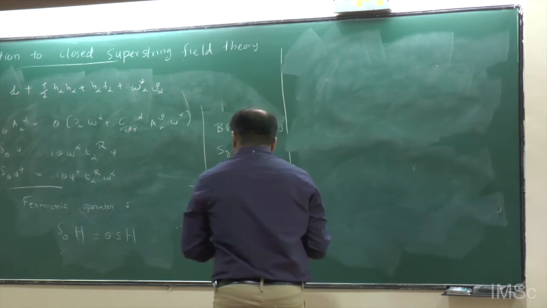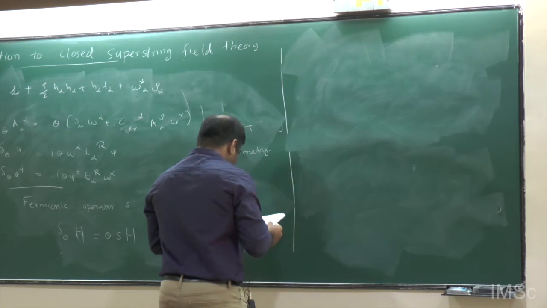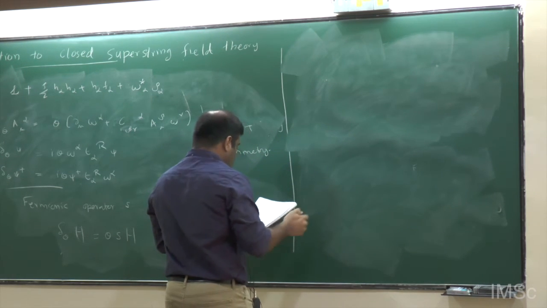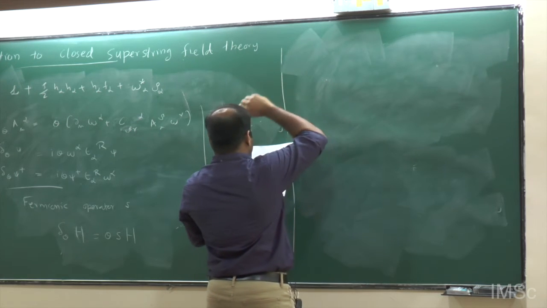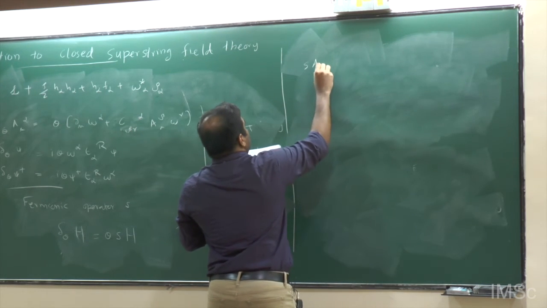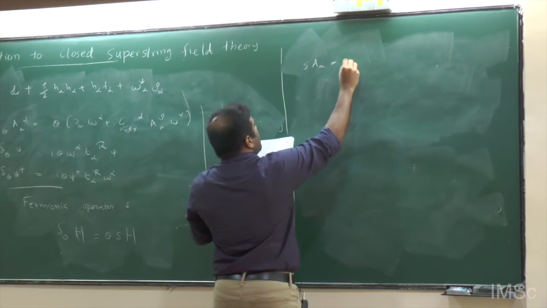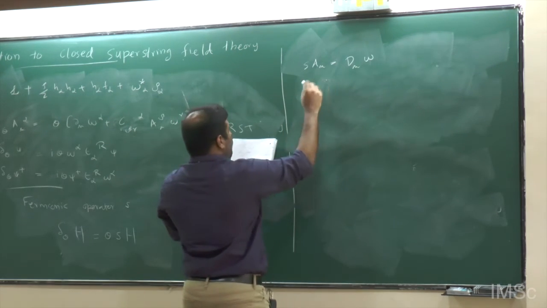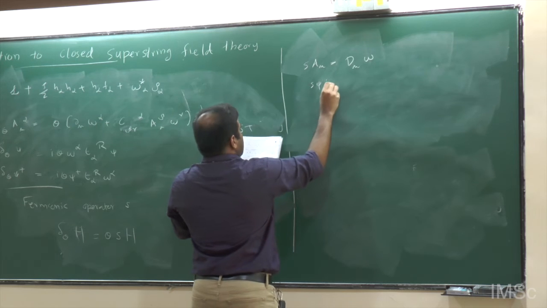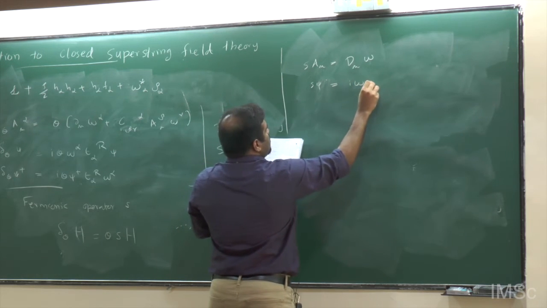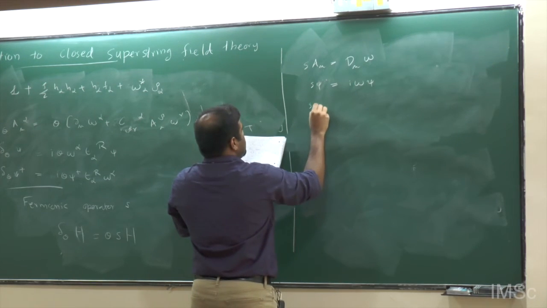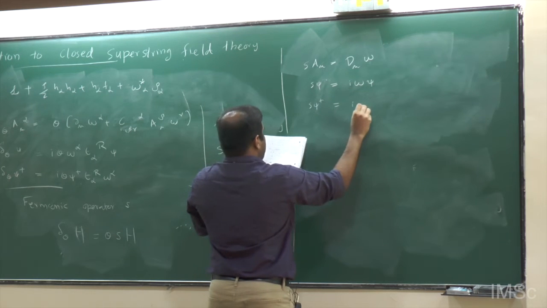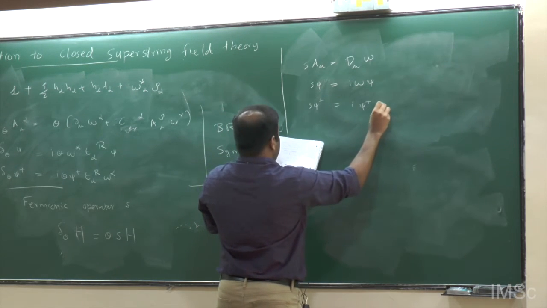In terms of S, the BRST variation takes the following form. S of A mu is given by d mu omega. S of psi is just i omega psi. S of psi star is just i psi dagger omega.